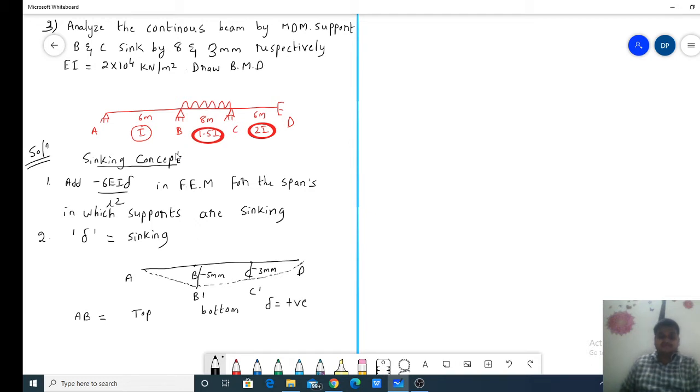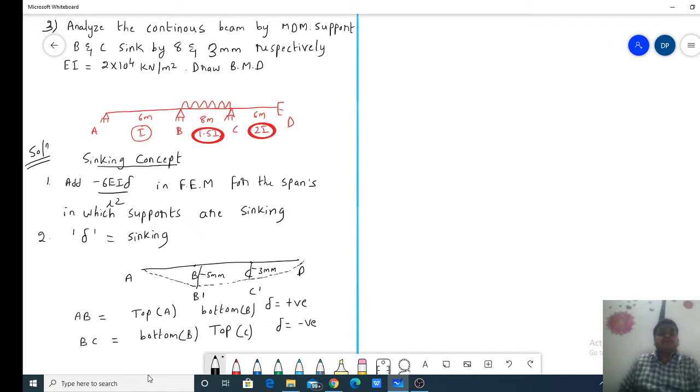Similarly, when I am taking BC, B is at the bottom and C is to the top, so in this case delta is negative. With respect to this concept, you have to take it. So this adds minus 6 EI delta upon L square.